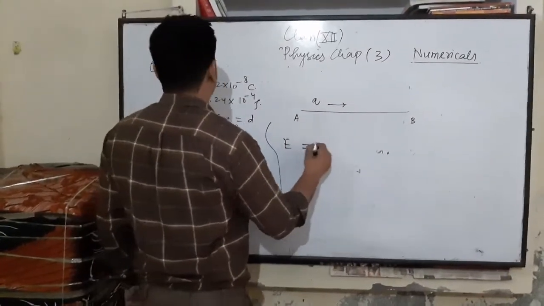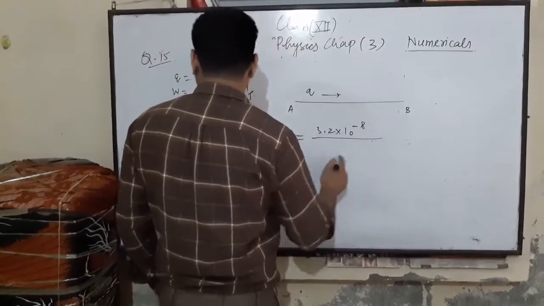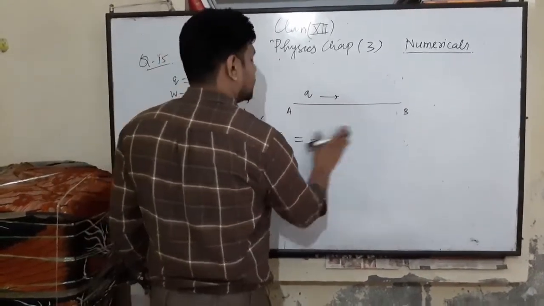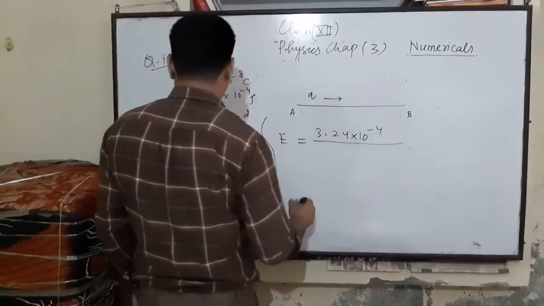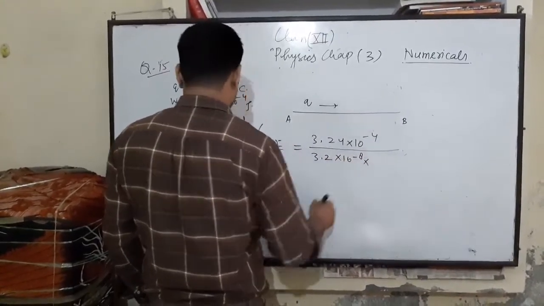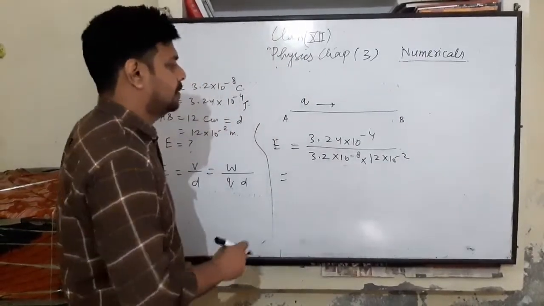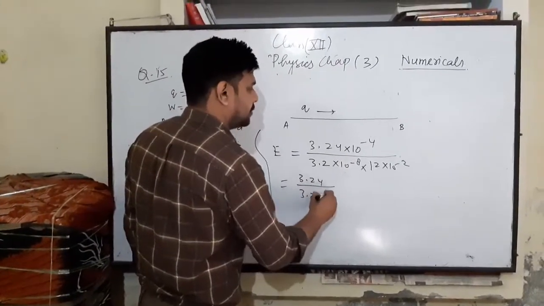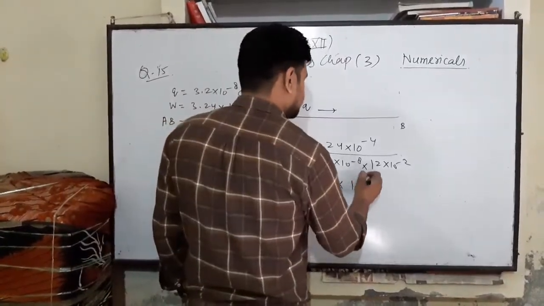Then E is equal to W over Q into d. The value of W is 3.24, Q is 3.2 into 10 to the power minus 8, and the distance is 12 into 10 to the power minus 2. So 3.24 upon 3.2 into 12 into 10 to the power 6.